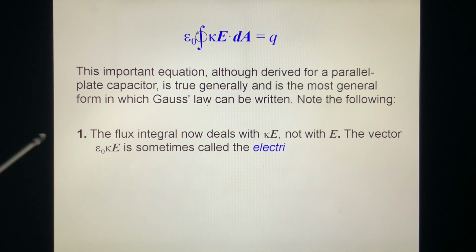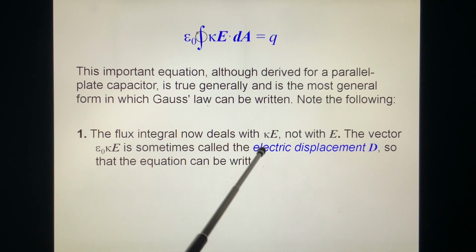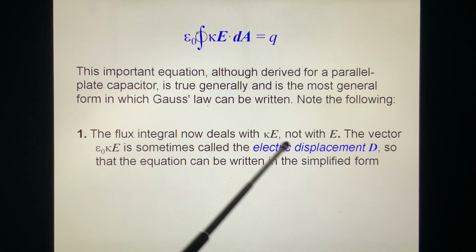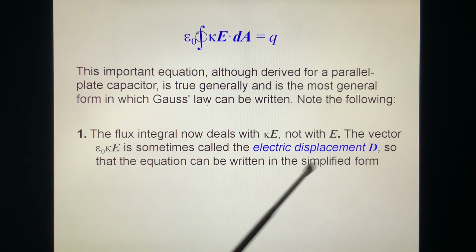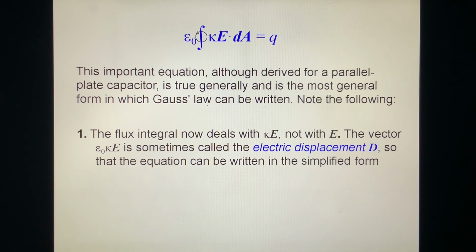The vector epsilon 0 kappa E is sometimes called the electric displacement D, so that the equation can be written in the simplified form: integral D dot dA equals Q. This is another form of Gauss law in dielectrics.